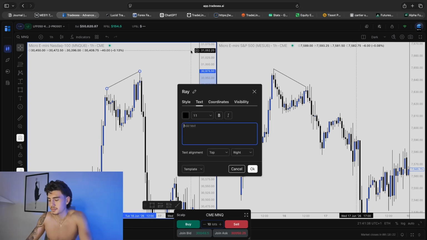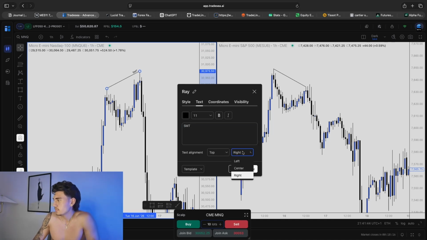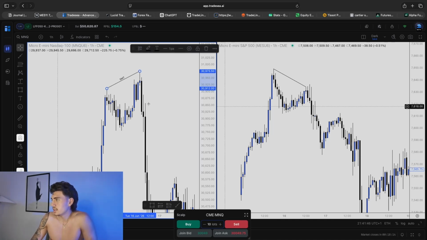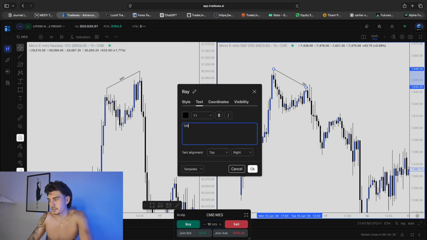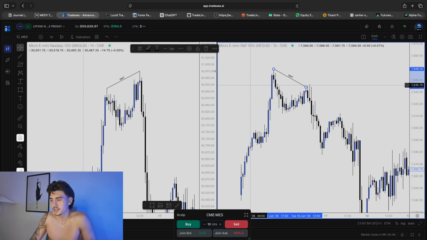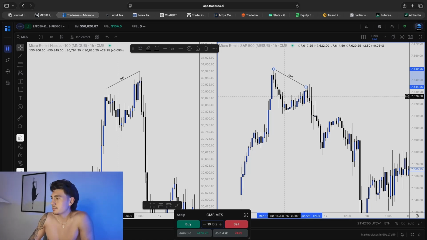This is an SMT, we'll just call it SMT, between the NASDAQ and the S&P 500. There we go. Easy, right? Higher high, lower high, right?